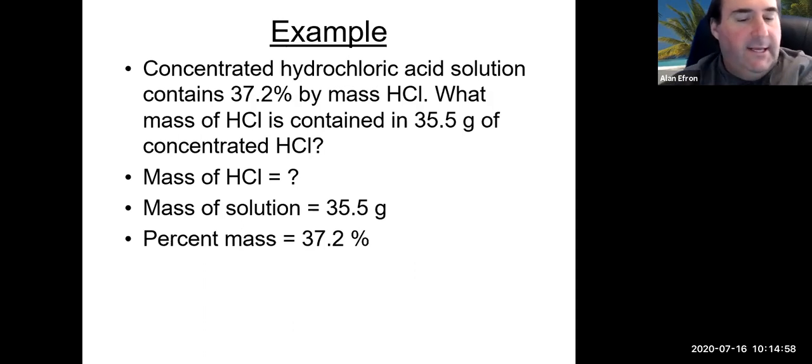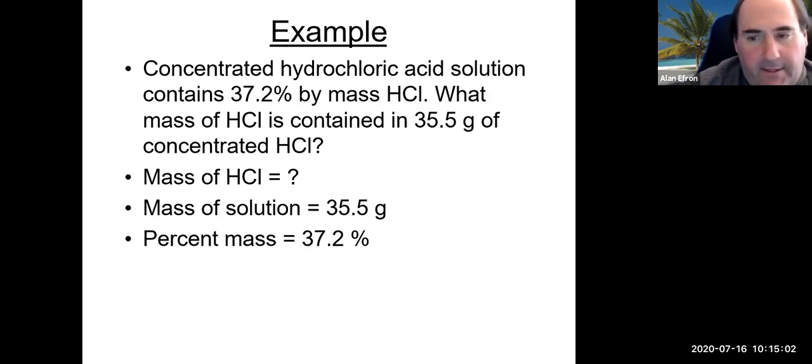All right, so let's take a look and see. Some people may be a little confused as to how I know the 35.5 grams is the solution. A couple of things to remind yourself: typically the name of the solution is the solute.